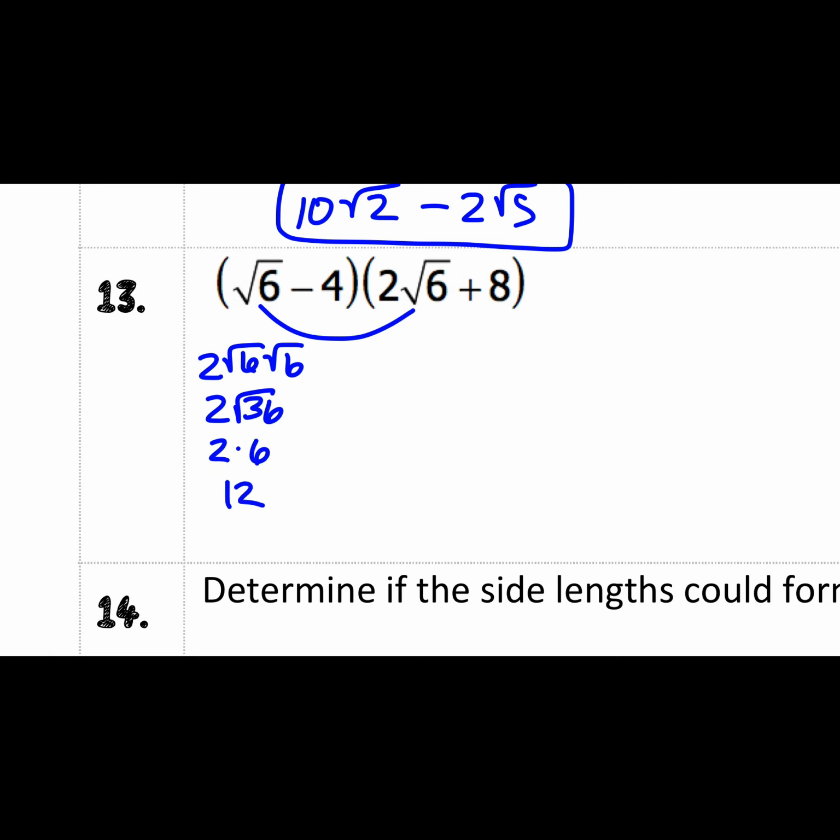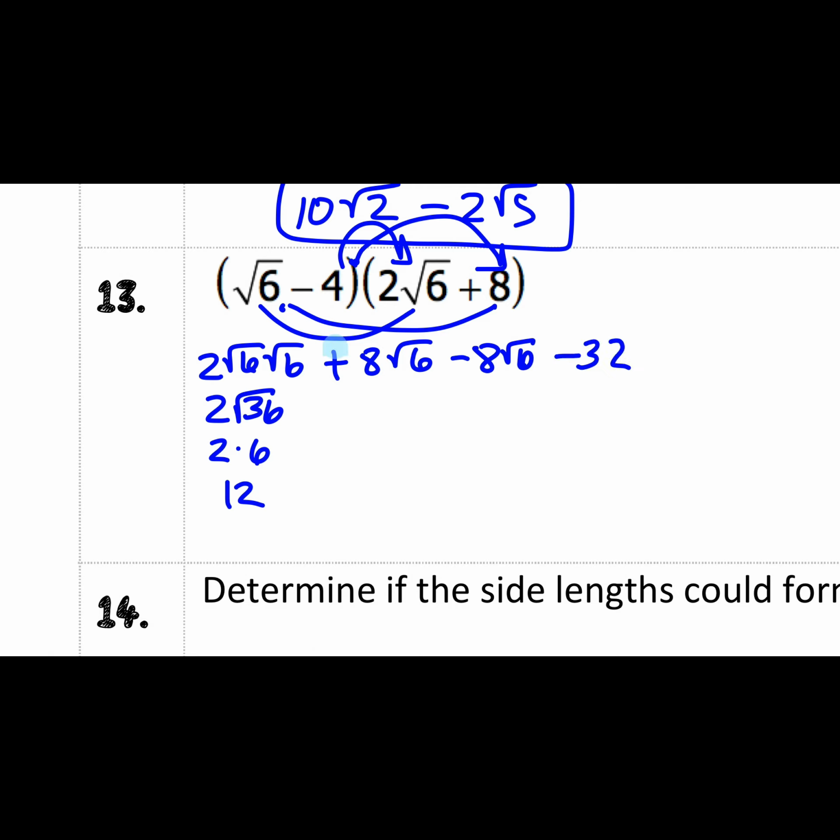So that's the first term. Then I do square root of 6 times 8, and I get positive 8 square root of 6. Then I do negative 4 times 2 square root of 6, and that gives me a negative 8 square root of 6. And then I do negative 4 times 8, and that gives me a negative 32.